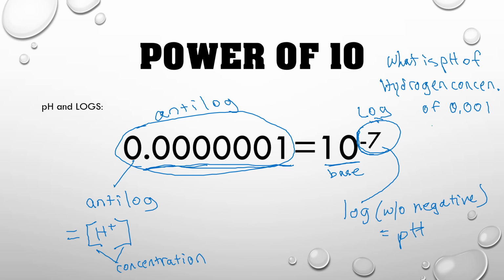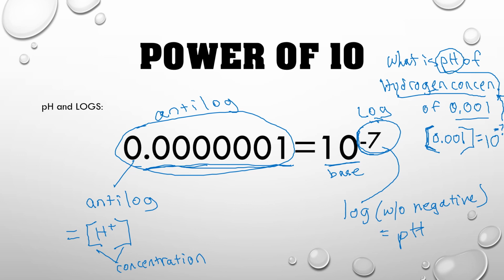So you're going to write the hydrogen concentration. The concentration is these brackets. So the hydrogen concentration is 0.001. So in between those brackets, you're going to write 0.001 equals 10 to the what? And it's going to be a minus what? And whatever that question mark is without the minus sign, that's going to be your pH.